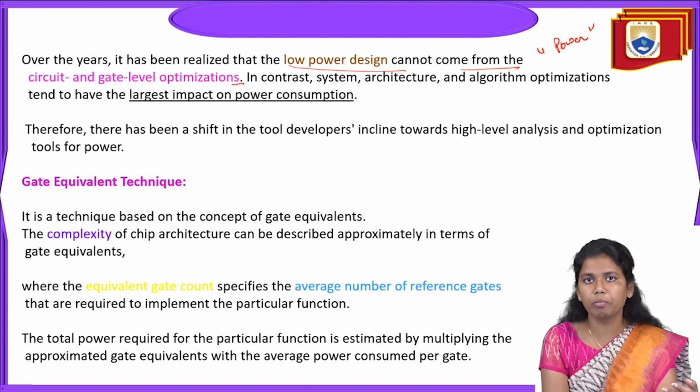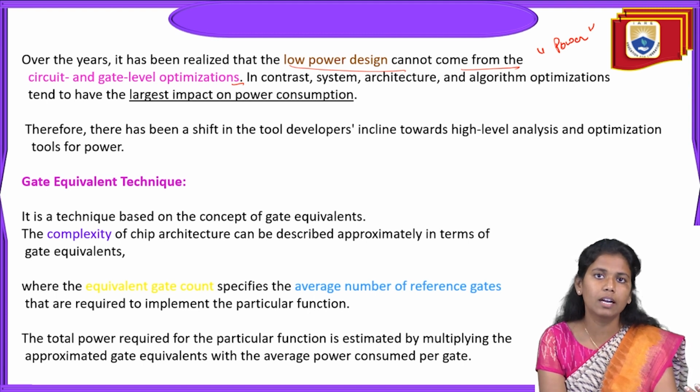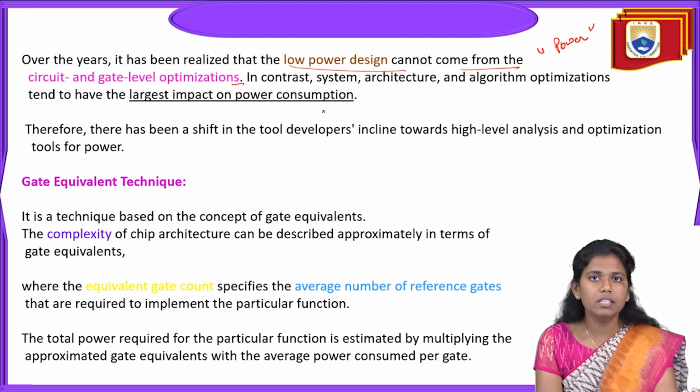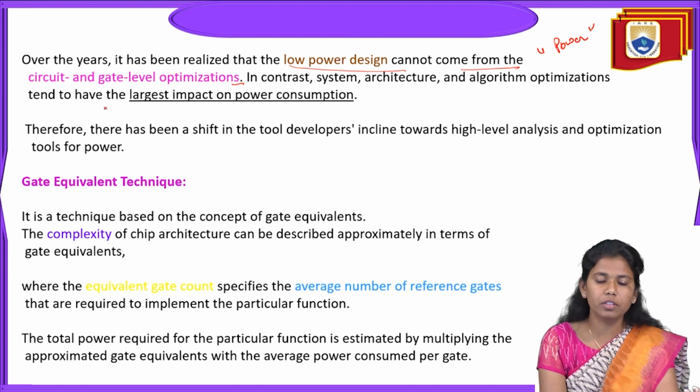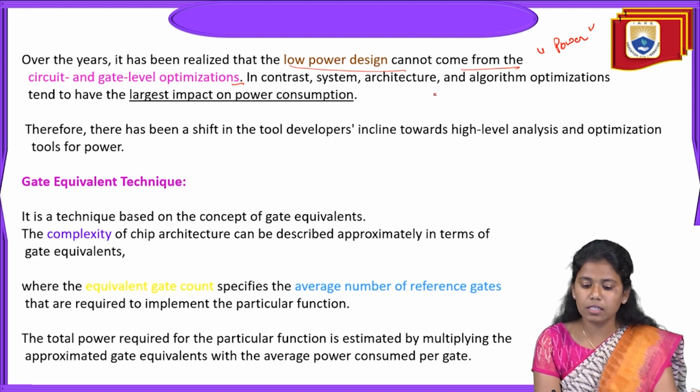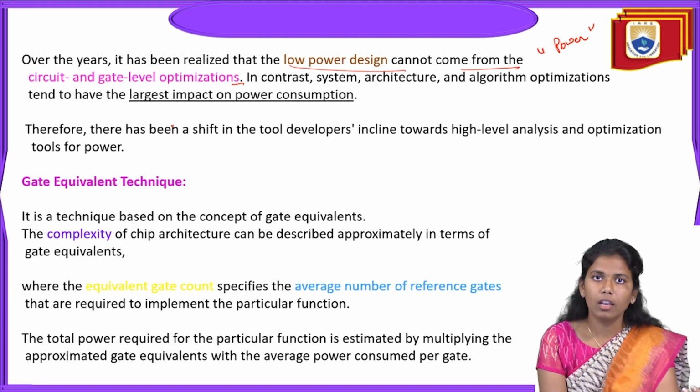Of course that is true, because in the previous slide we discussed that using circuit level description, the simulation is too slow and the memory consumption is too high, which are disadvantages. Over the years, we see that low power design cannot be achieved through circuit and gate level optimizations, because in contrast, system architecture and algorithm optimizations tend to have the largest impact on power consumption.